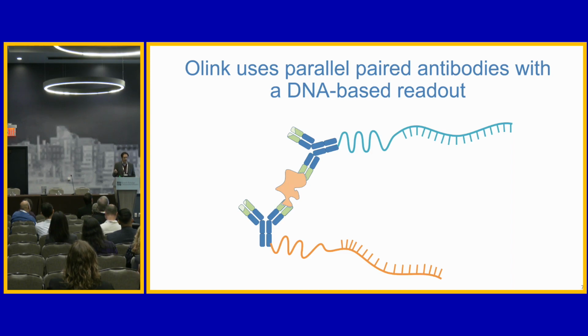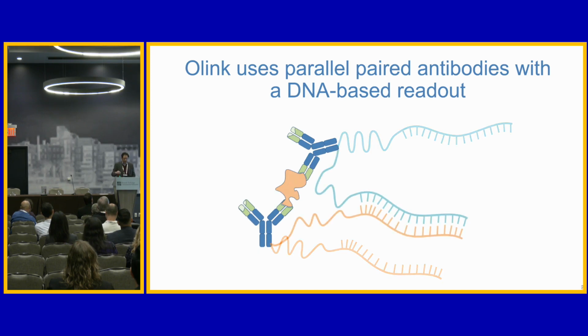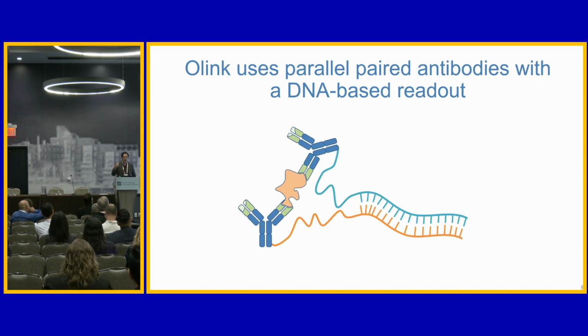And so the idea here is taking two antibodies and tethering to them DNA strands, right? So when you get ligation of these DNA strands, when they're in proximity with each other, so if we have those DNA strands coming together, we can get a readout of this specific sequence, right?